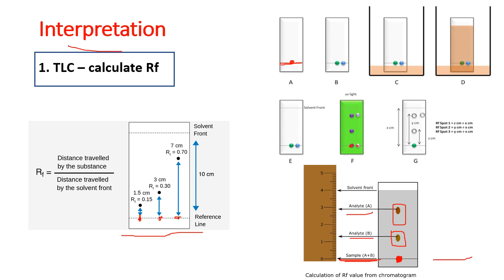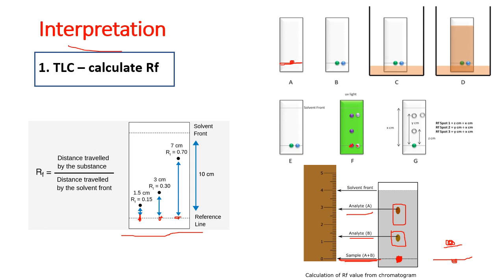But if my sample gave me just 1 spot, then my sample has just 1 analyte. Okay, so this is the difference between the two.